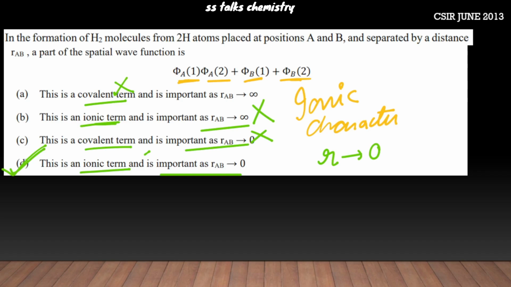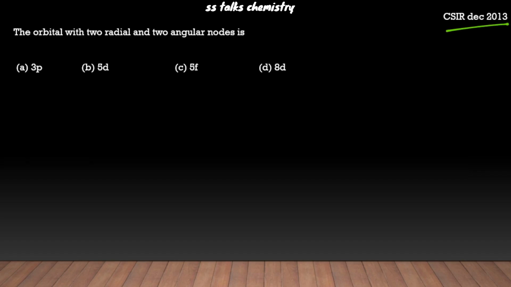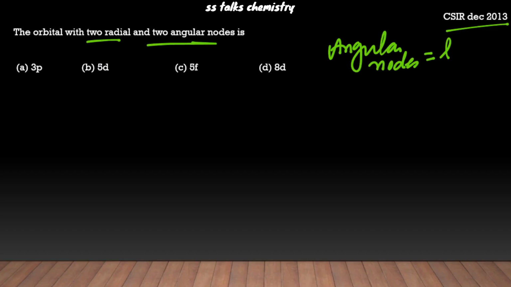Okay, next, December 2013, we have an orbital with two radial and two angular nodes. So angular nodes is equal to the L value only, and the radial nodes is equal to n minus L minus 1.